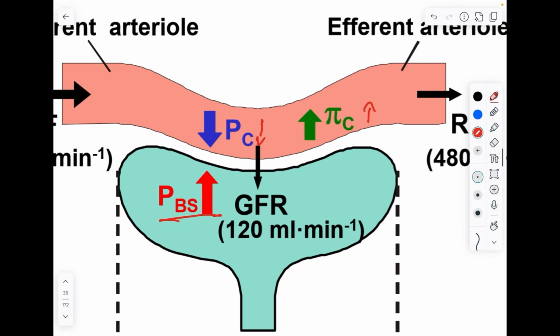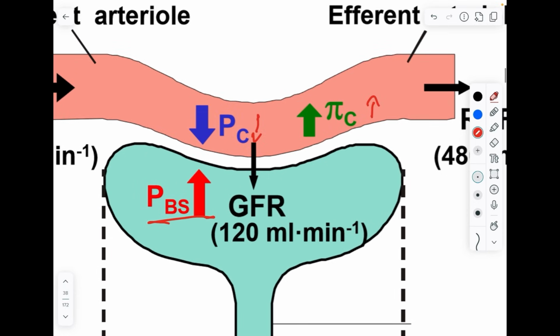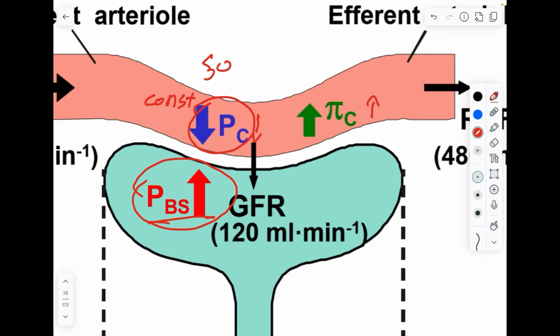So what happens here? Hydrostatic pressure in the glomerular capillary and in the Bowman space are constant. So if it's 50, it remains 50. If it's 70, it remains 70. It does not decrease along the capillary. The same thing here. Let's say it's 10.